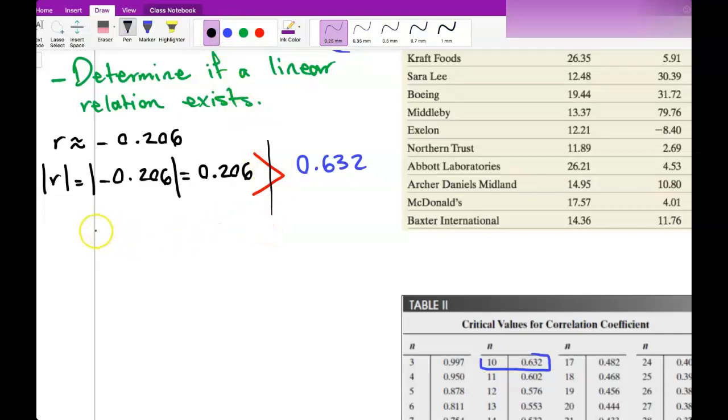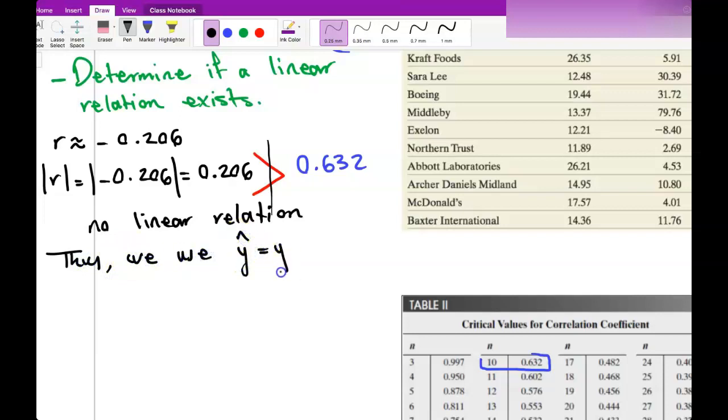What that means is no linear relation. Therefore, we should use the sample mean for the response variable instead of this predicted value.